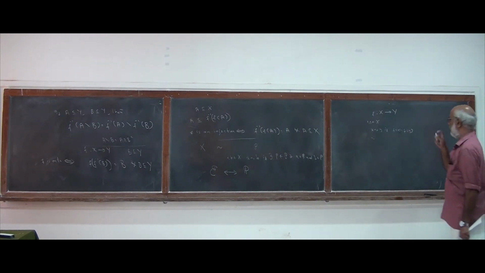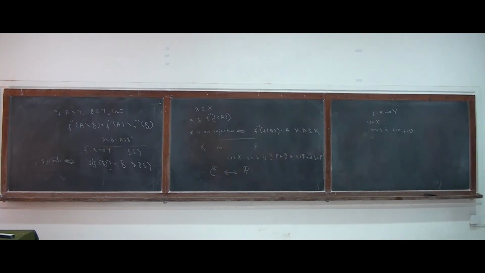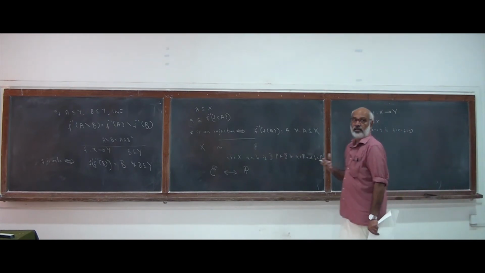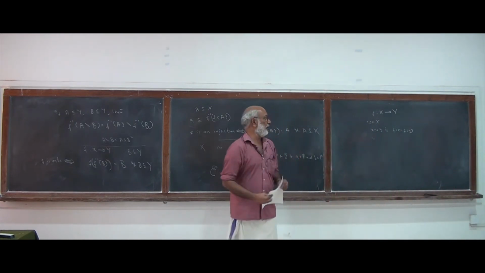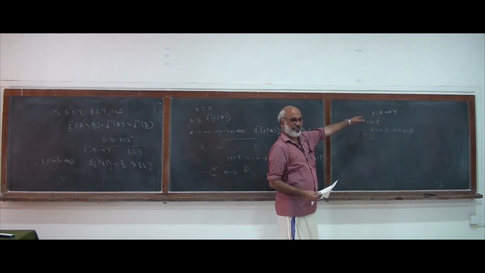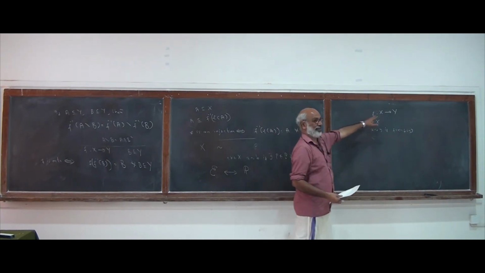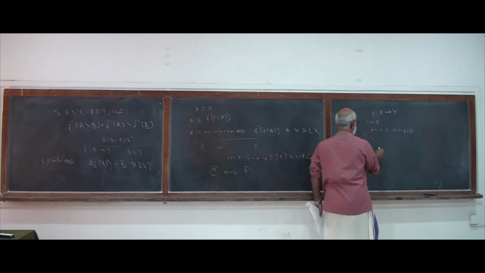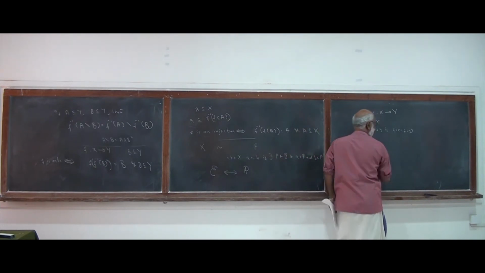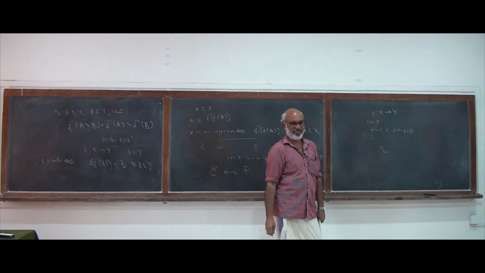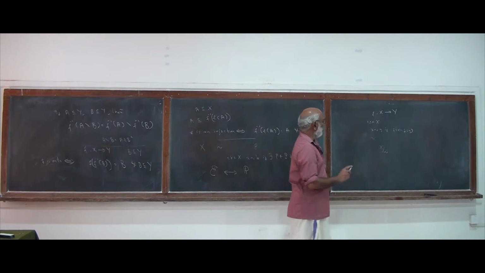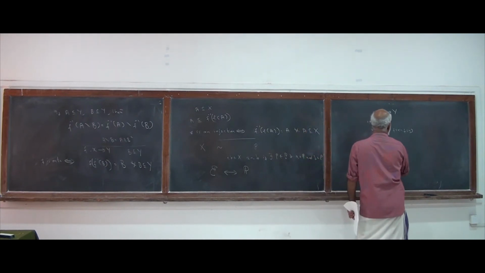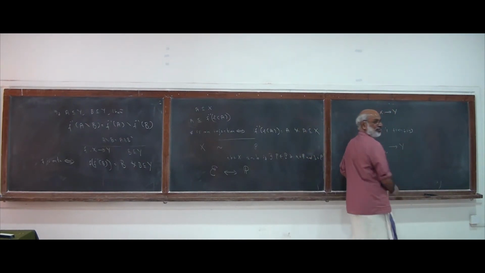Once you have such an equivalence relation, that will give you a partition of X, and usually that partition is denoted by X over tilde. Now we can even define a function from this partition to Y as follows.